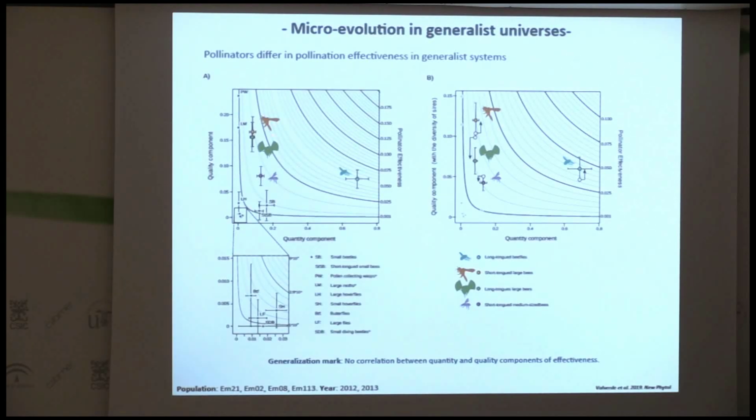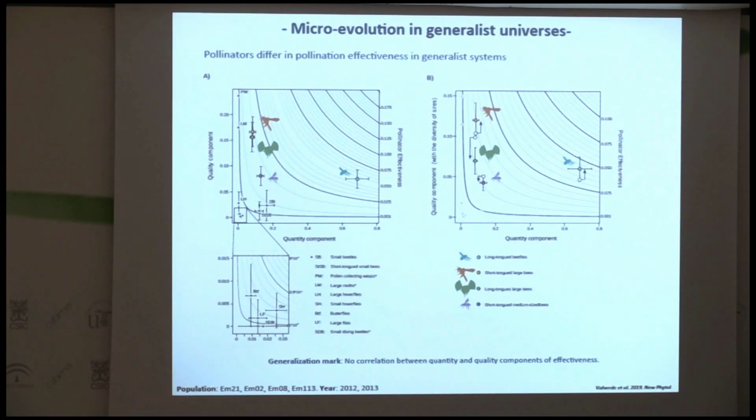Here, for example, just as a curiosity, we see how the effectiveness of some groups, in this panel A, can change if we include the genetic diversity of the progeny produced by each single visit by this group. In this case, for example, for these short-tongue large bees, the effectiveness increases a little bit when you include the genetic diversity of the progeny produced by a pollination event, and the effectiveness of these long-tongue large bees decreases.